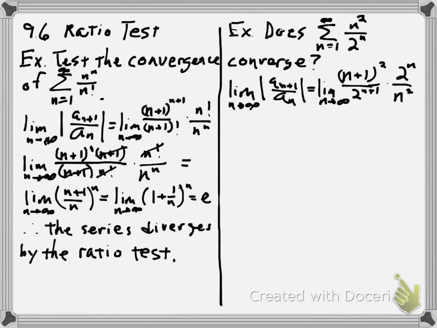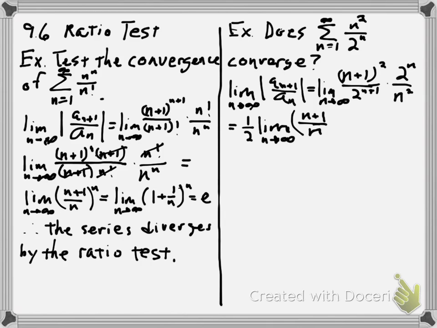So, in trying to compute this limit, certainly the 2 to the n over 2 to the n plus 1 cancels so that we have a factor of a half. So we can take out that factor of a half and write it in front of the limit symbol. So we have 1/2 times the limit as n goes to infinity of n plus 1 over n, squared.